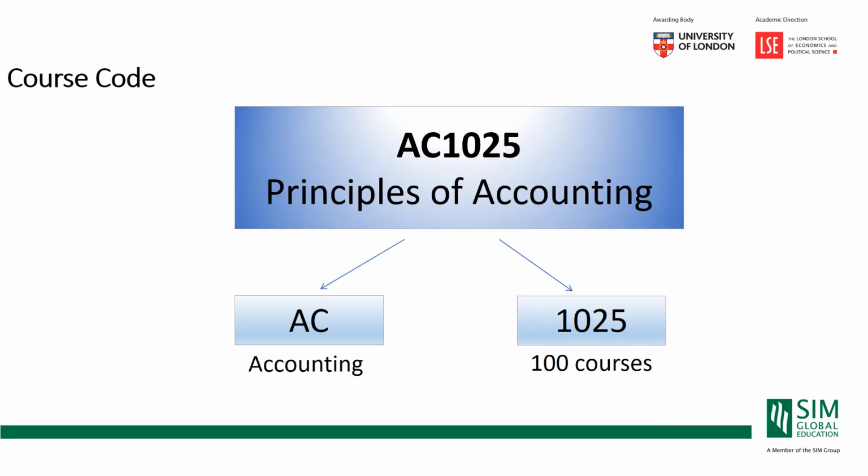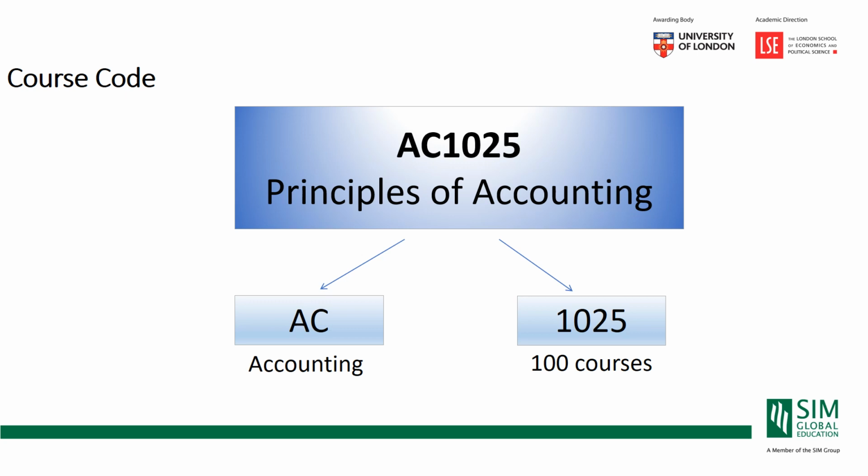Now, this is a typical course code structure. For example, AC1025 is the course code for this very important foundation unit called Principles of Accounting.